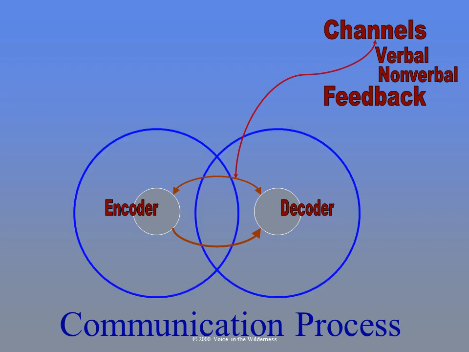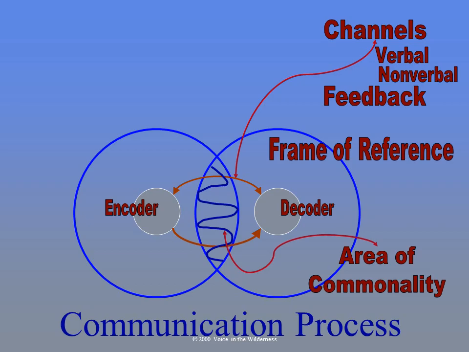These blue circles, if you remember, are our frame of reference, our worldview, made up of our language, our culture, our religion, politics, all that kind of stuff, the way we see the world, all of our life's experiences. And where our frame of reference overlaps another person's, that's the area we have in common, or our area of commonality. The idea is the larger the area of commonality, the better the communication.